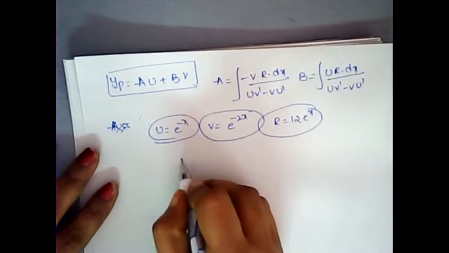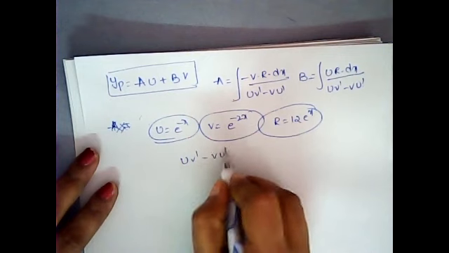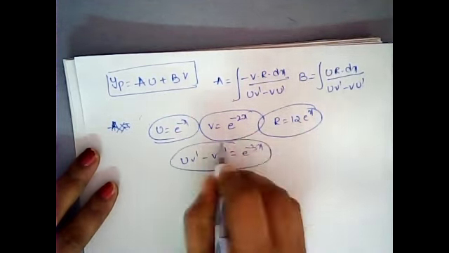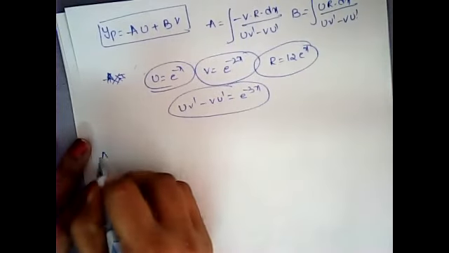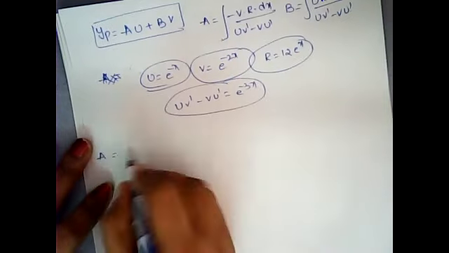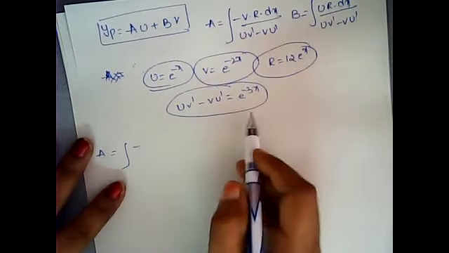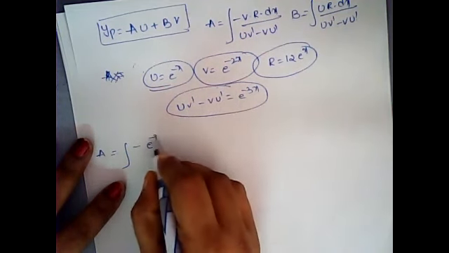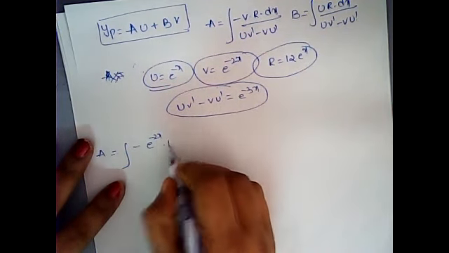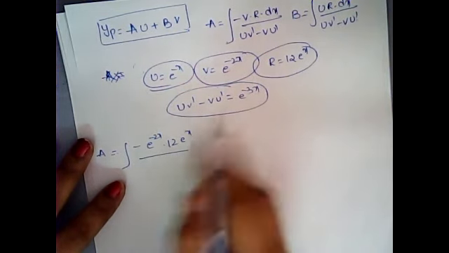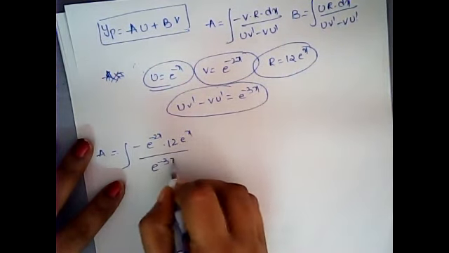And we got uv dash minus vu dash as e power minus 3x. Let me write all these first, and after that let me solve a and b here. Now a is equal to integration of minus v, which is e power minus 2x, into r, which is 12 e power x, by uv dash minus vu dash, which is e power minus 3x.